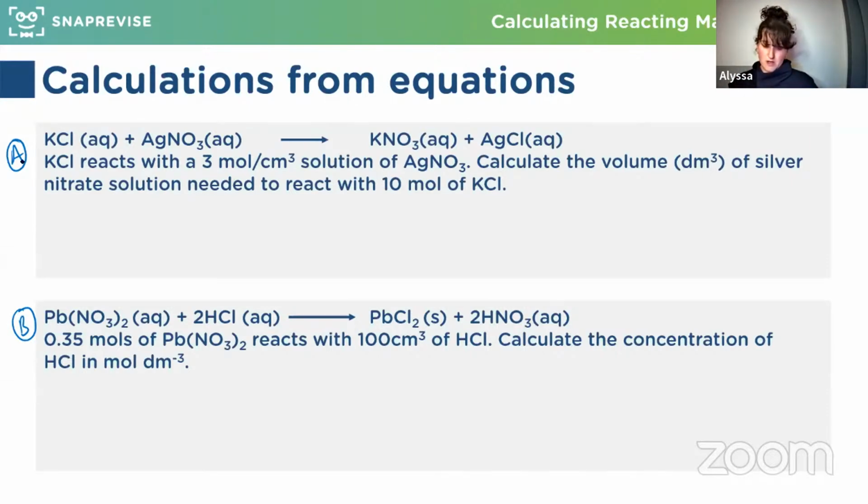So A says, KCl reacts with a 3 mole per decimeter cubed solution of AgNO3. Just as a tip, if you don't already, I like to highlight any numbers, concentrations, volumes, masses, moles, anything like that, because the likelihood is you're going to come back to them later, and it makes it really easy to find them in the text if you underline them.